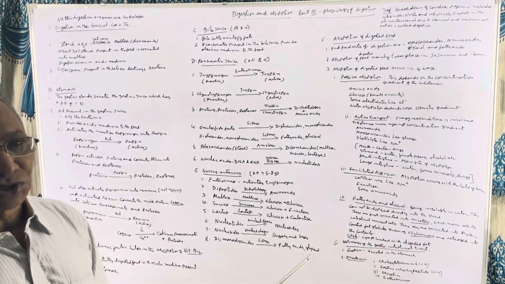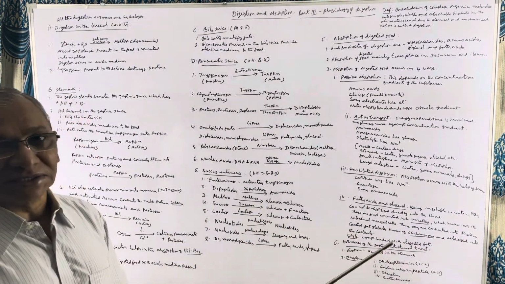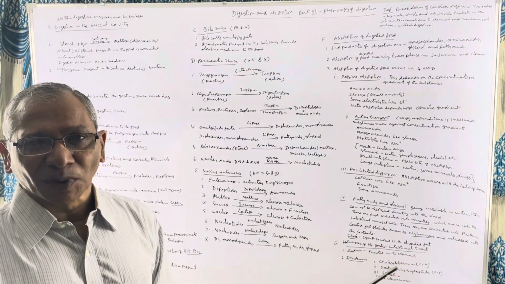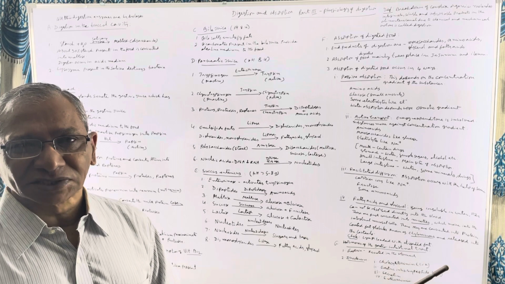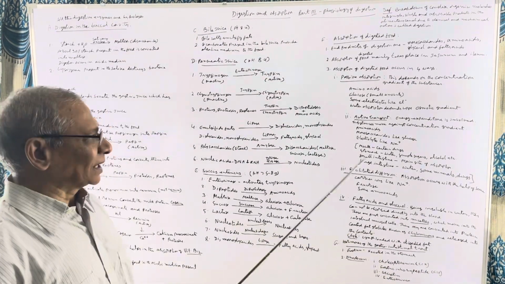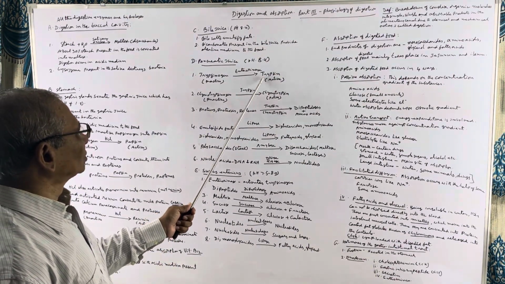It has to be activated into trypsin by another enzyme known as enterokinase. Enterokinase is secreted in the small intestine. Enteron means intestine. So enterokinase, which is secreted in the small intestine, activates trypsinogen into trypsin.